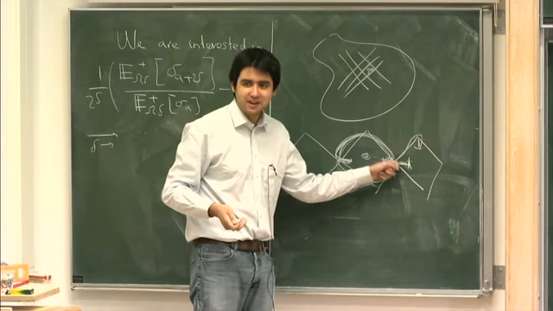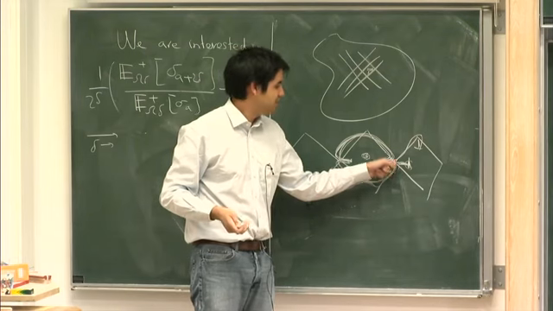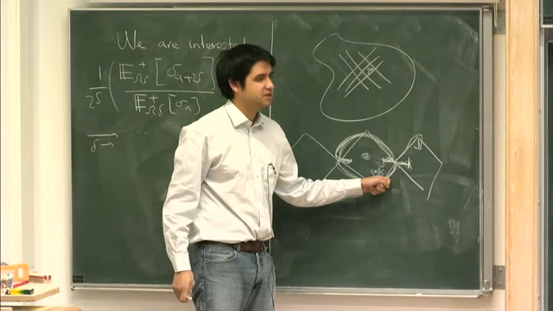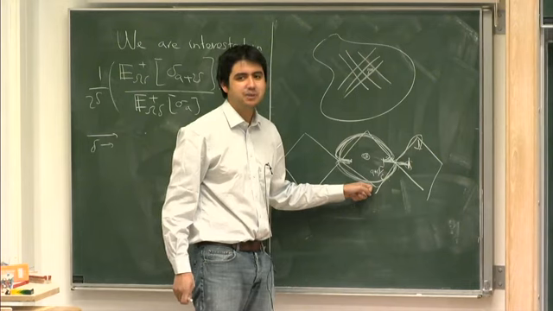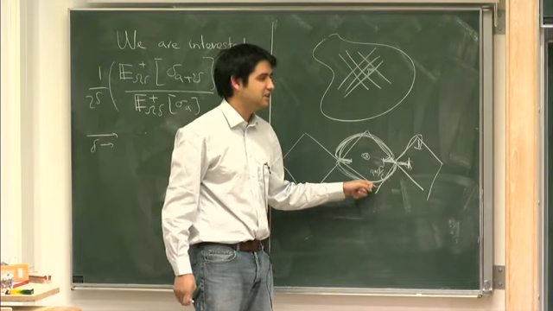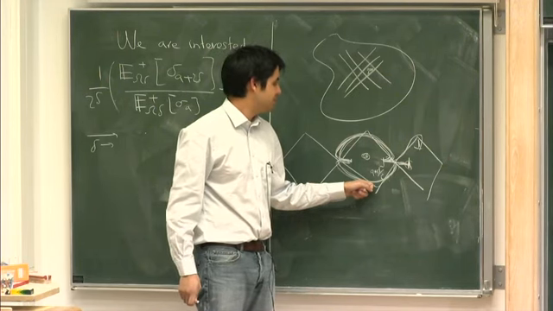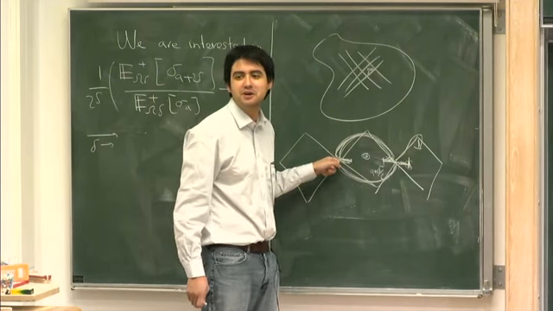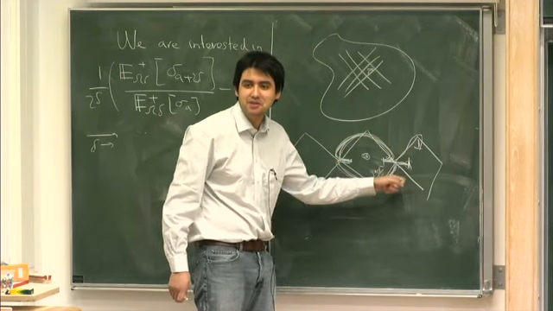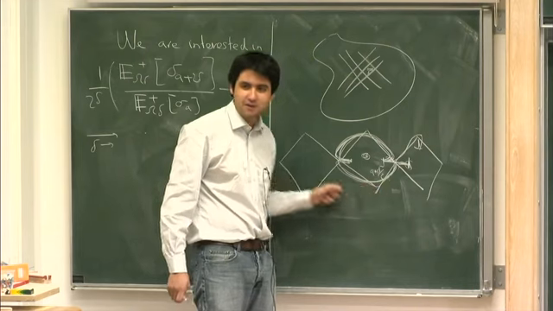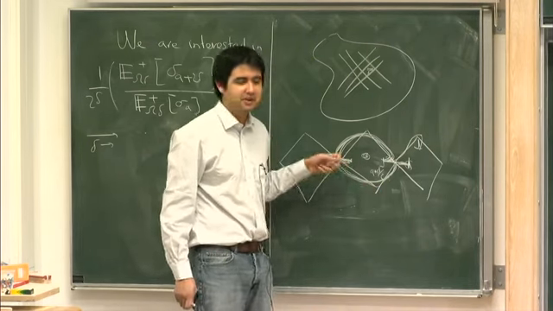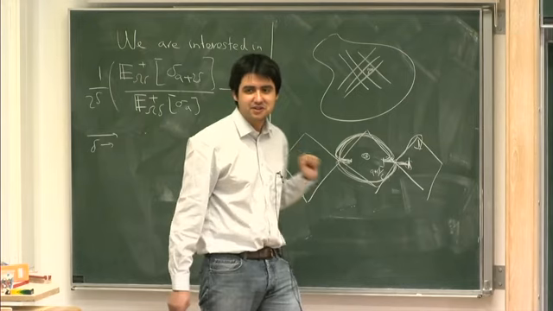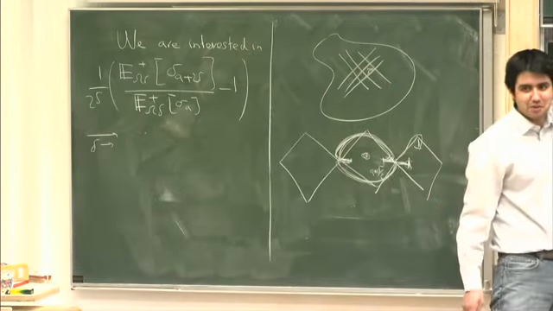But if you do it the other way, if you declare the square root of 1 is 1 here, and you say, okay, now the square root of e to the minus pi i over 2 is e to the minus pi i over 4, and you arrive here and you declare that the square root of minus 1 is not i, but minus i. You try to define the square root continuously in the other way. So there is clearly a sheet problem here: if you go in one direction and the other direction, you end up with a different sign. And that's exactly what this sheet term is measuring.